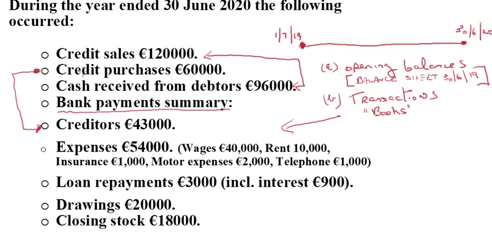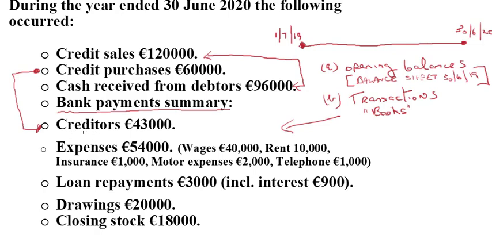So the credit purchases, that was what was purchased from suppliers, and these payments then to the creditors are the same suppliers. So in the first year we didn't have any opening balance, so we would have just subtracted these two figures from each other. But because we are in our second year now, we will have an opening balance, so we have to take that into account when we are calculating the creditors at the end of the year.